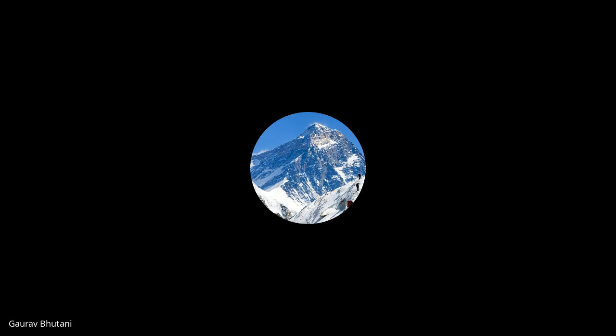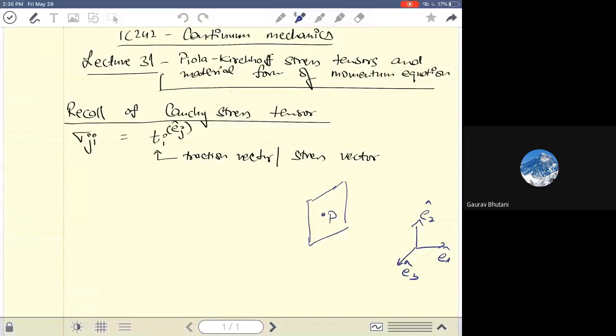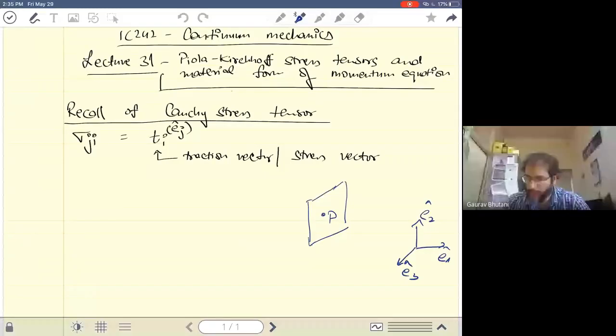So I'm writing the 3 axis directions. Seems like whatever I'm writing is not visible. Can anyone please confirm if you can see it? Oh, you can. Okay, so it's taking a bit of time. Okay. So now you can see the 3 coordinate directions.